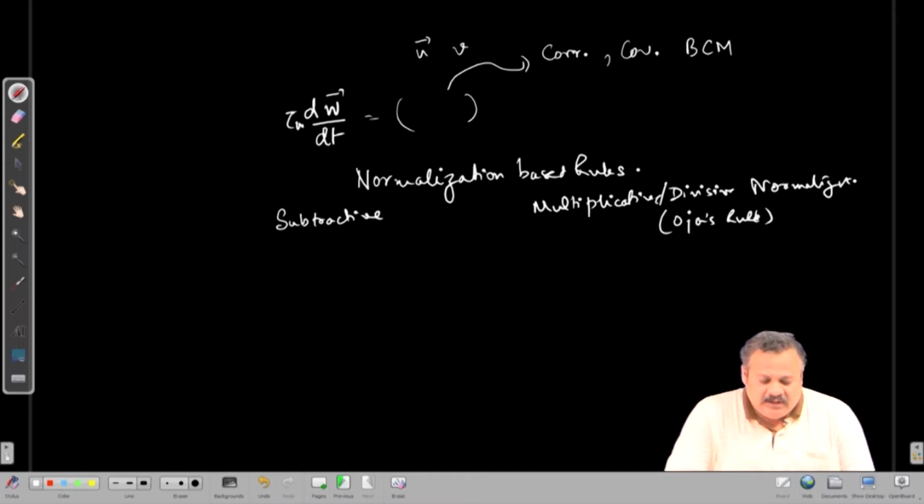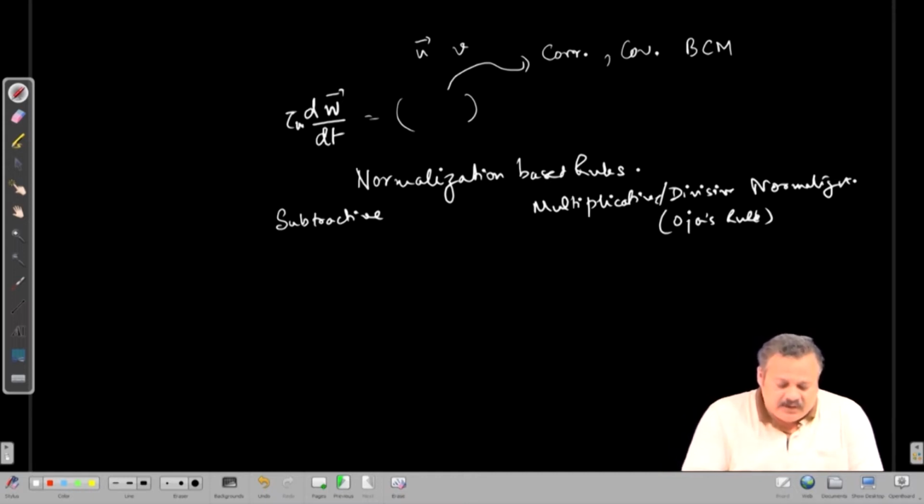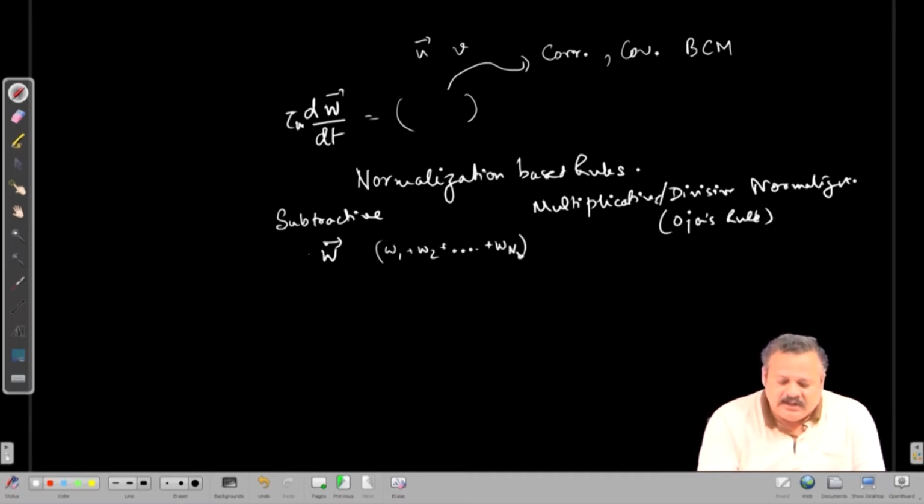So, what do we mean by the subtractive learning rule? Essentially, we introduce this idea that the sum of our weights, that is W1 plus W2 up to W_NB, where there are NB weights, is constrained to be constant.